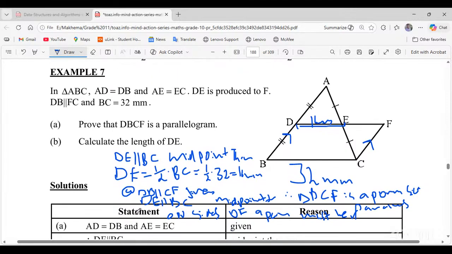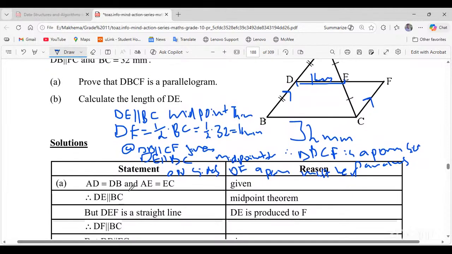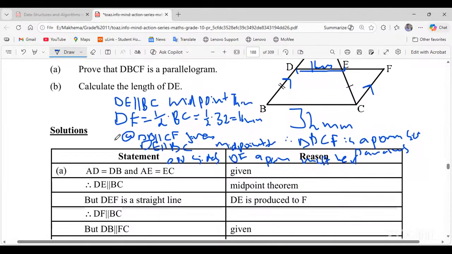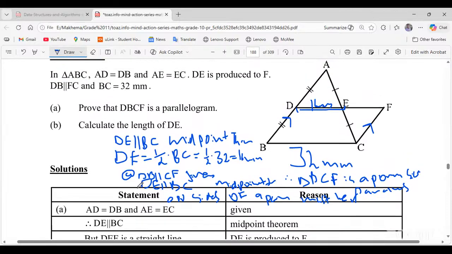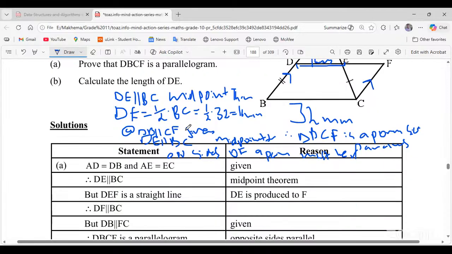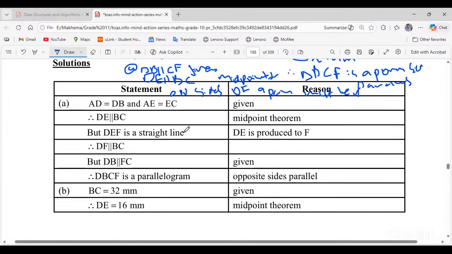So now we have proven that. Now let's go to the following one, which is B. We are required to find the length of DE, which we already did when we were doing our analysis. So it is very important to just do the analysis from what you are given, and some of the questions will be answered by just doing that.